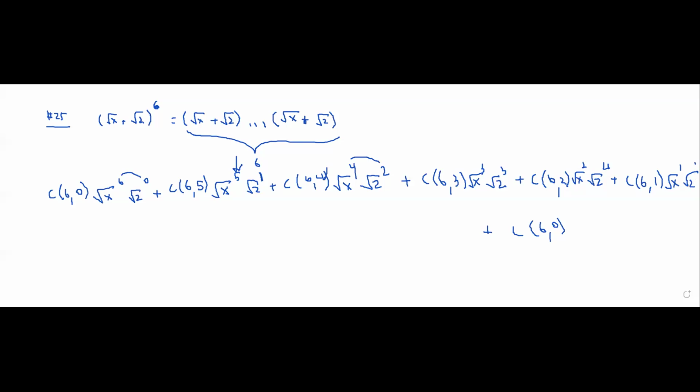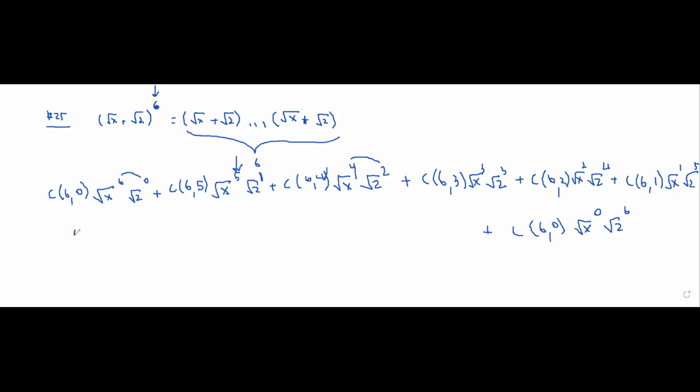Okay. So the last piece is square root of x power of 0, and the square root of 2 power of 6. Again, sum of powers is always 6, because that's a 6-powered polynomial we expand. So now we can calculate what these combinations are.